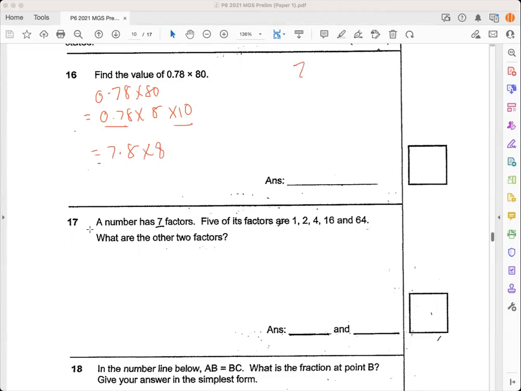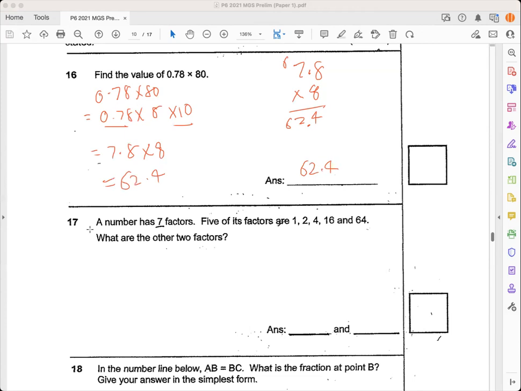Then do a working here. 7.8 times 8. 8 times 8, 64. 7 times 8, 56. 56 plus 6, 62. Since there's only one decimal place, this will be the answer: 62.4.